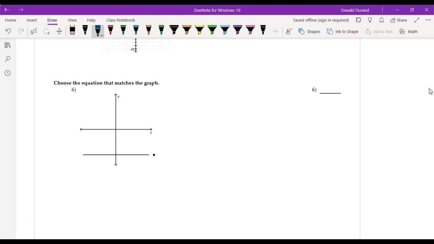I mentioned earlier that a horizontal line is represented by an equation y is equal to some value c. And the question is, what is that value c? Well, the value c is where the line crosses the y-axis, right?